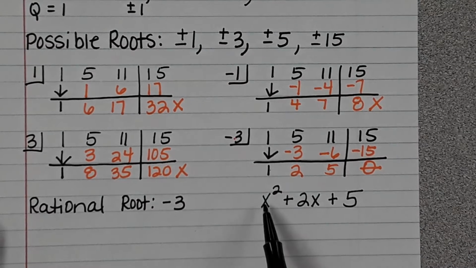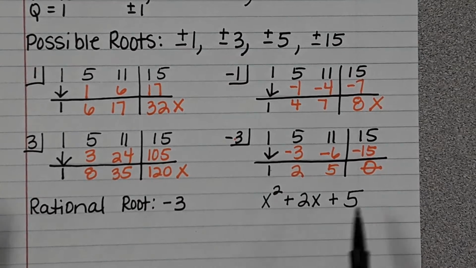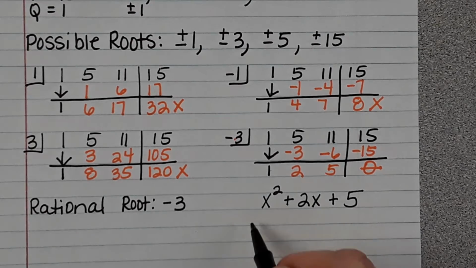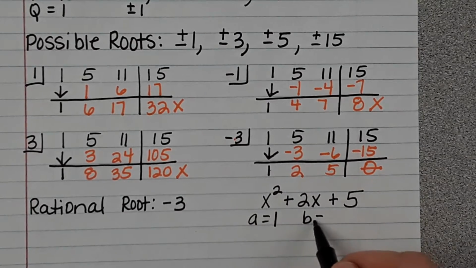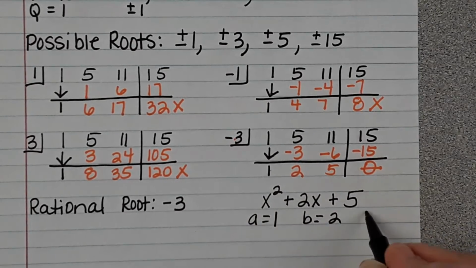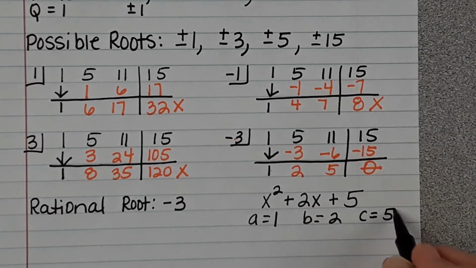Because my compressed polynomial, that's what this is called, is x squared, I'm going to see if I can actually factor it. Because we can either factor them or we can solve them by the quadratic formula. So let's see if we can factor it. A equals 1, B equals 2, C equals 5.